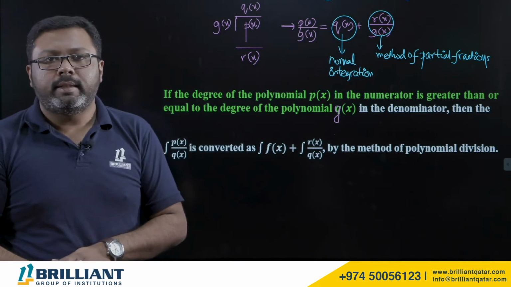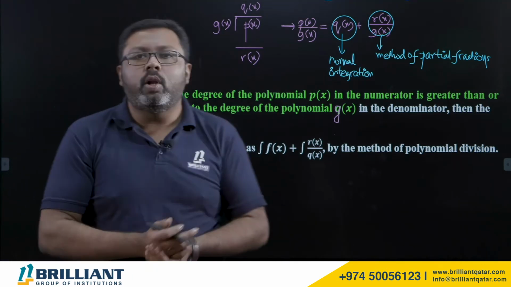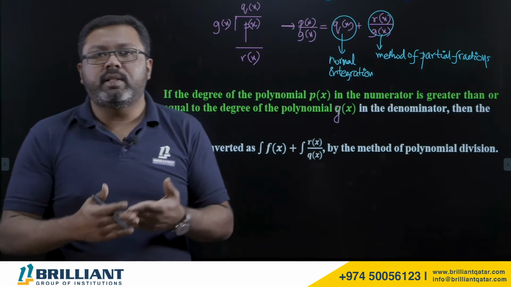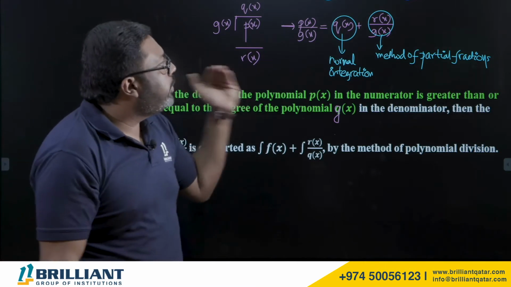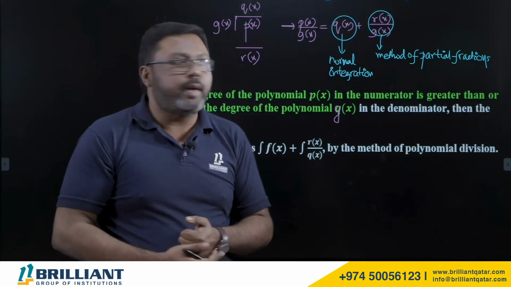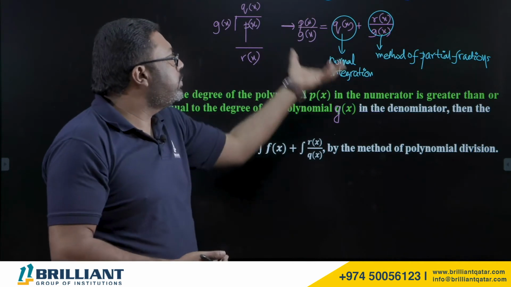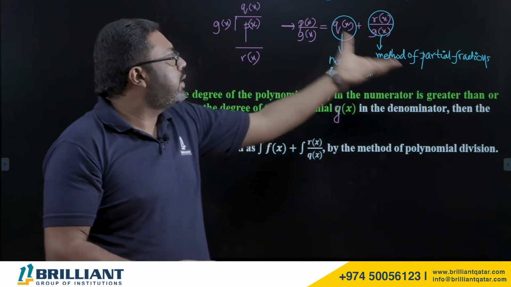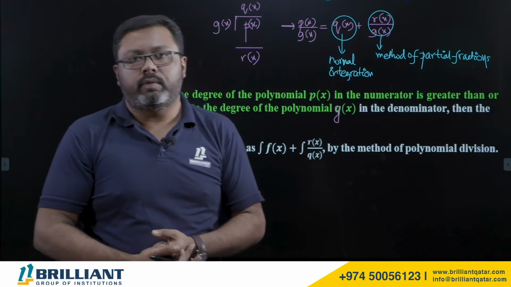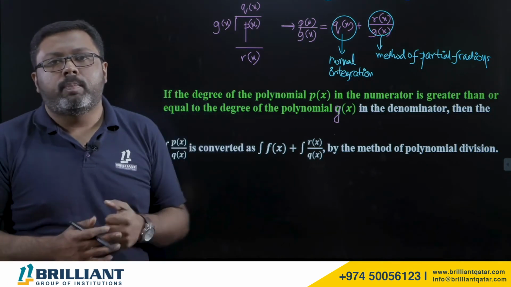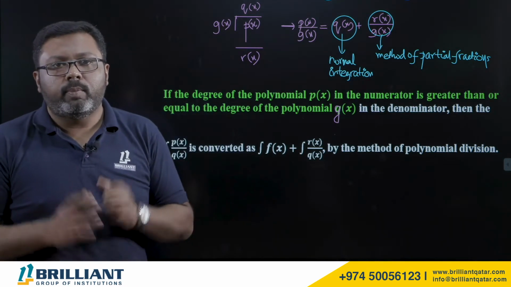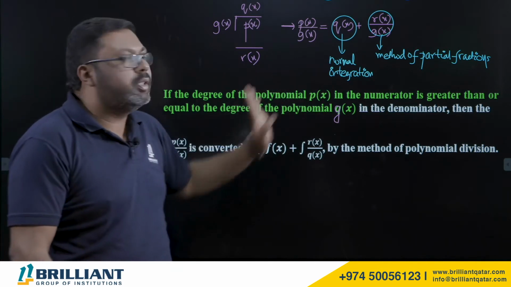Everybody clear? Yes. So whenever we are dividing 2 polynomials, you will express it in the form of q of x plus r of x by g of x: the first part is normal integration, the second part is the method of partial fractions. Everybody clear? Yes, we will do a question of this type also.